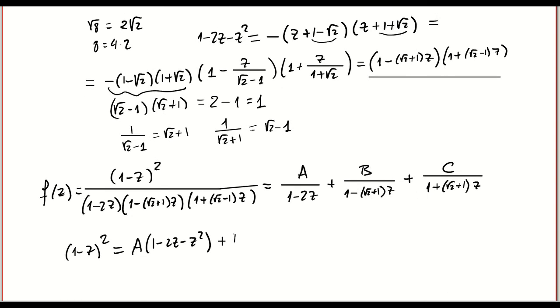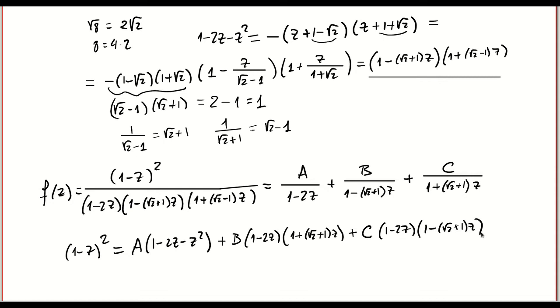Then we have b, which is 1 minus 2z times this one, so 1 plus (square root 2 plus 1) times z. And then we have c, which is 1 minus 2z and 1 minus (square root 2 plus 1) times z, like this.